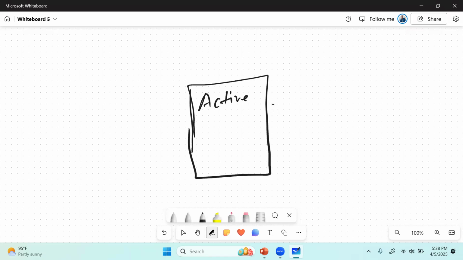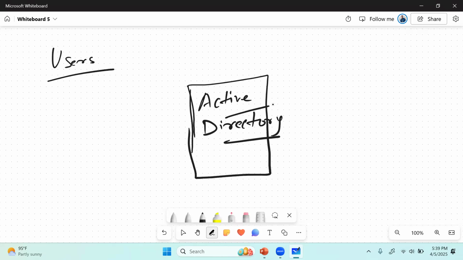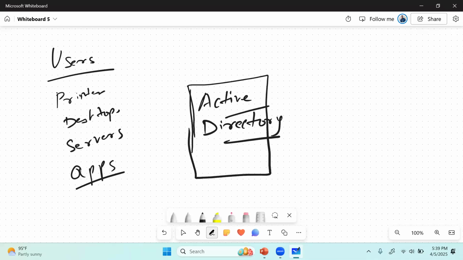Those were called Active Directory. Most of you would know what Active Directory does, but I'll just give you a glimpse. What is Active Directory? Active Directory is a combination of all the identities, objects and resources. When we say identities, that would be the employees, the users. When we say resources, it could be anything like printers, your desktops, your servers, on-premises applications, all of this stuff.